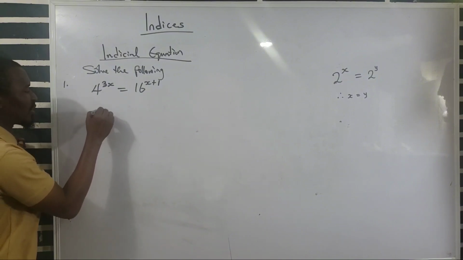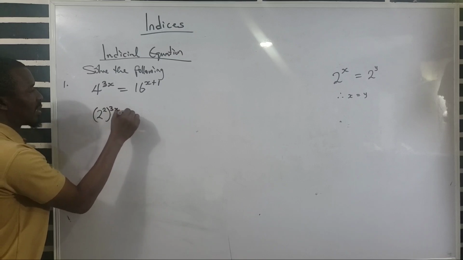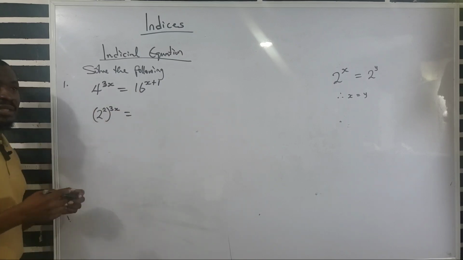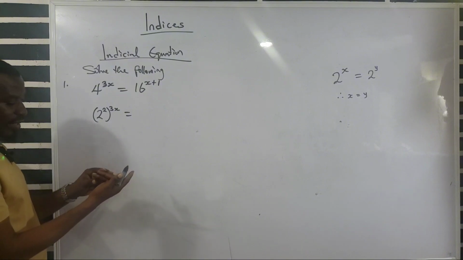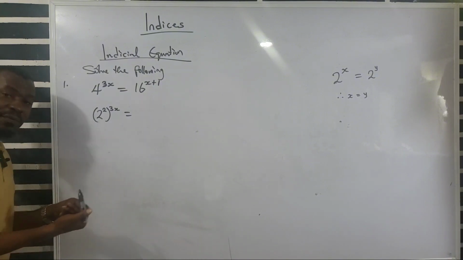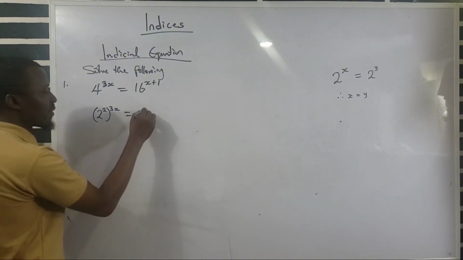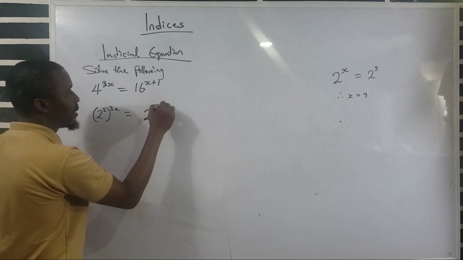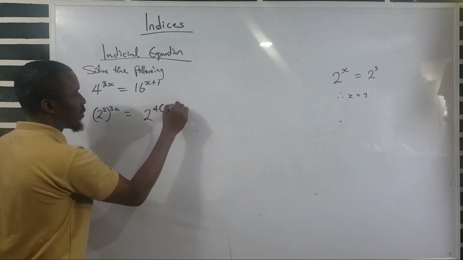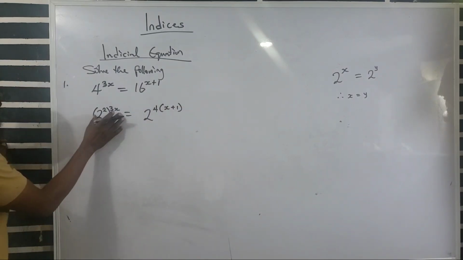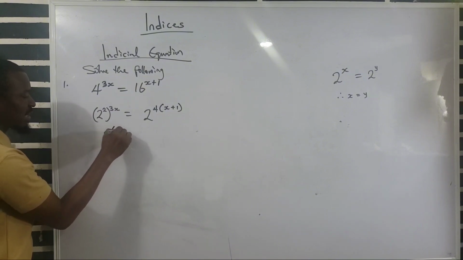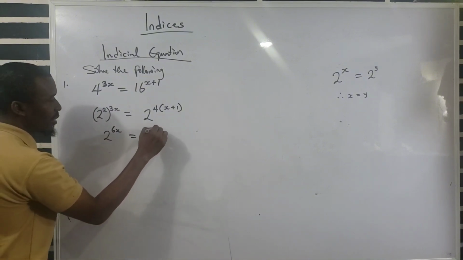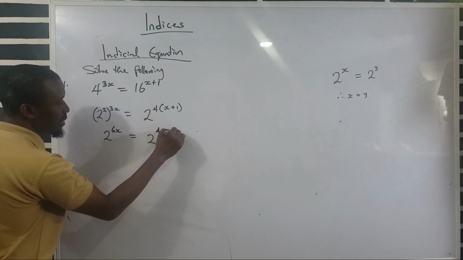This will give us 2 raised to power 2 into 3x equals 16, which is 2 times 2, 4, times 2, 8, times 2, 16. So that will give us 2 raised to power 4 into x plus 1. Okay. So when you take care of this, you have 2 raised to power 6x equals 2 raised to power 4x plus 4.